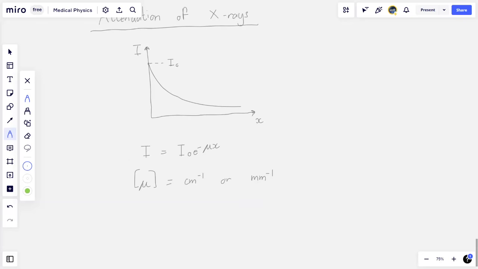Just remember that the structure is exactly the same. Whether you're doing attenuation for X-rays or ultrasound, what will change is the value for mu. The value for mu is different for ultrasound waves than it is for X-rays. Obviously different structures will deal with X-rays and ultrasound differently. And so that's how X-rays are attenuated.